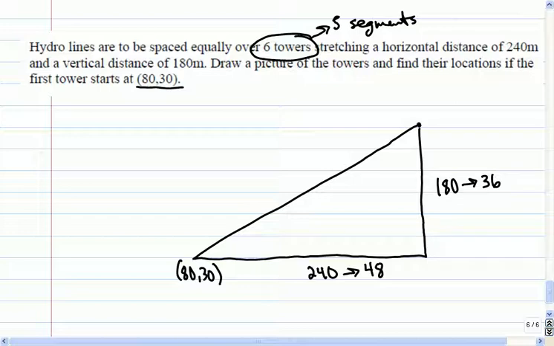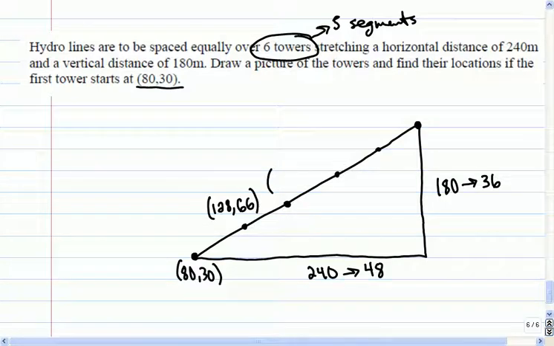So if I show where the power line towers are, which I'm not even going to try to draw, 6 towers means there's 4 more in the middle. 1, 2, 3, 4. So the first location we have, then we have to add 48.